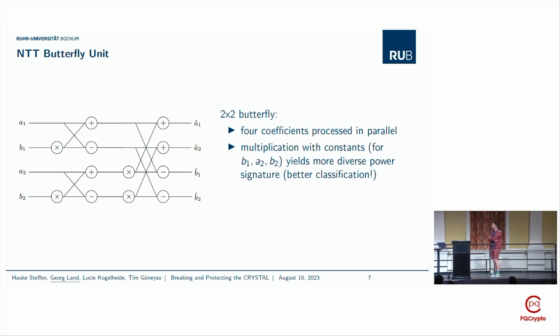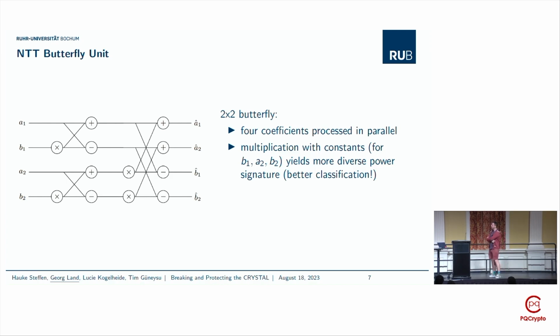Yeah, we do have even more there. That's only the decoding step. Right after the decoding step, there's the NTT, and in that specific implementation, they have a 2x2 butterfly construction, but in any implementation there will be some kind of butterfly construction. That processes four coefficients in parallel.